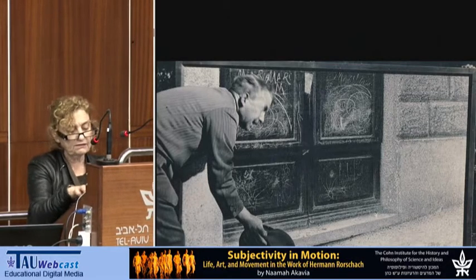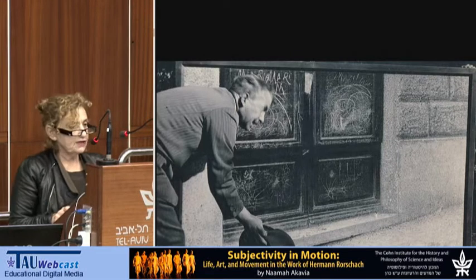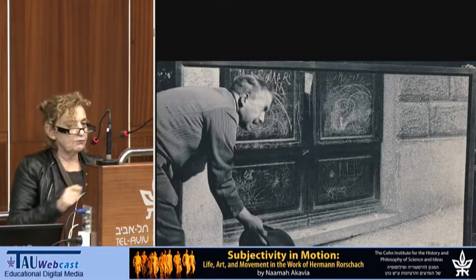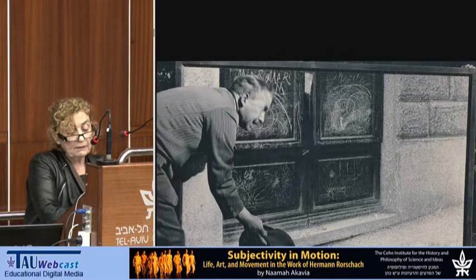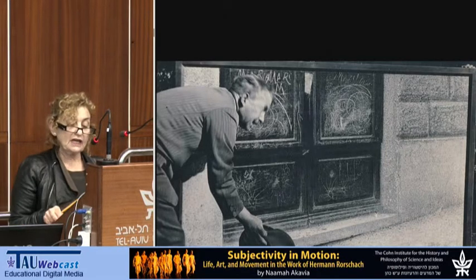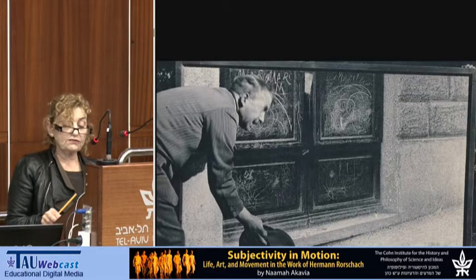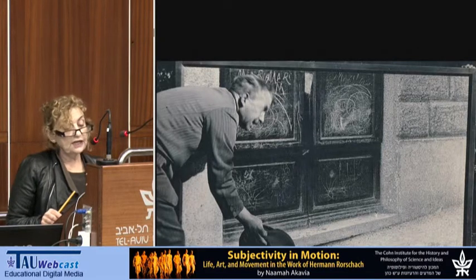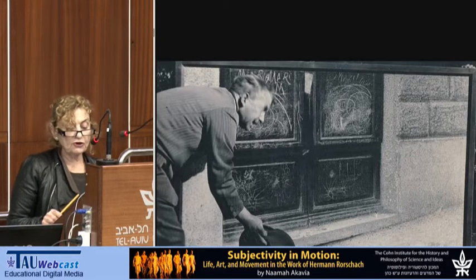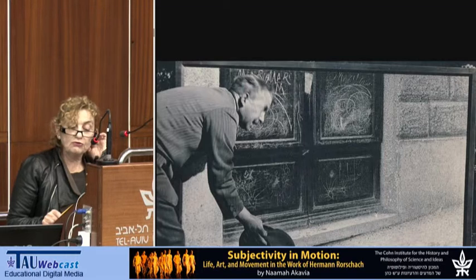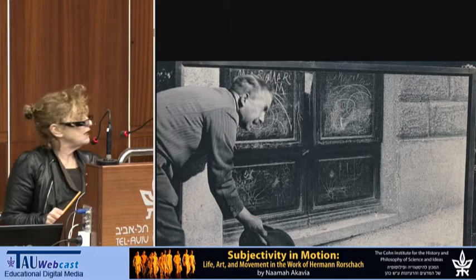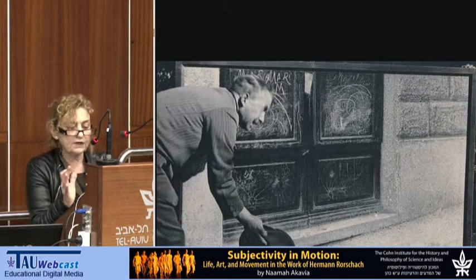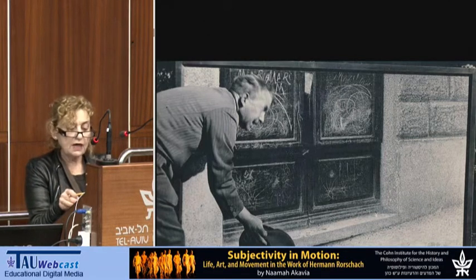Unfortunately, I have not met Naamah, but I have read the book, which has been totally enlightening for me, especially her exegetic studies that guided her in the interpretation of Hermann Rorschach's theories on movement. And obviously I will take inspiration from that particular subject.